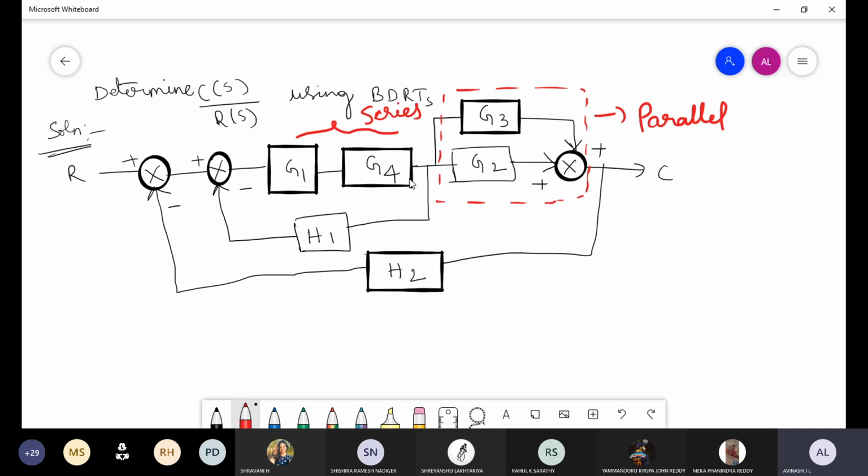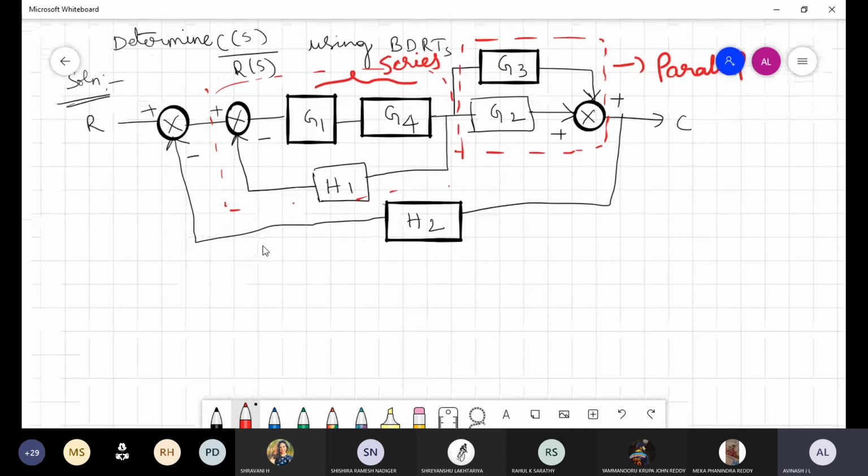So once you reduce to series, this particular entire thing will become what? Minor feedback loop. Once it becomes a minor feedback loop, then these two blocks, the answer for the parallel block and the minor feedback loop, will become series, and the entire thing will become what? Minor feedback loop once again, and we will get a single loop. Clear? This is the hint, and this is not the hint, it is the answer only. Just write it very fast.